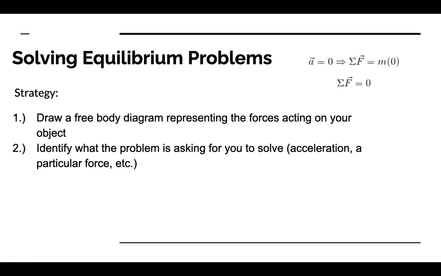And then our third step, the slight modification we make, is we need to determine if the system is in equilibrium. So again, if you see those keywords at rest or stationary or constant speed or constant velocity, that indicates to you that you're at equilibrium. And hence you're not going to be solving for acceleration, since that's going to be 0, and hence implies that the net force acting on your object is 0.